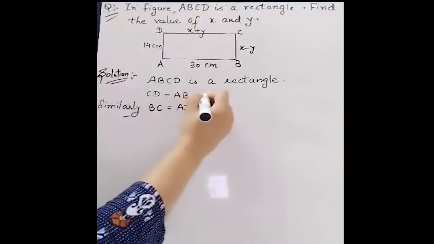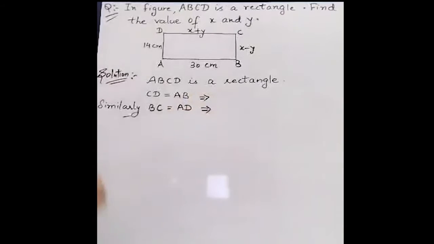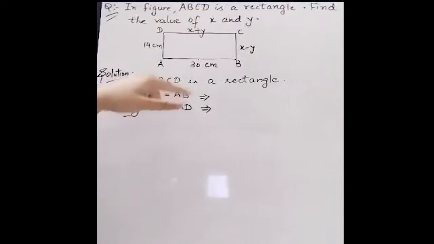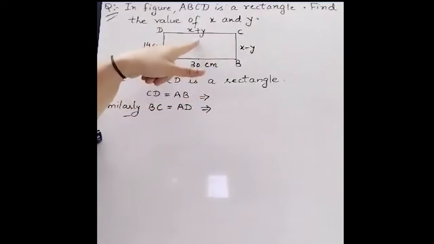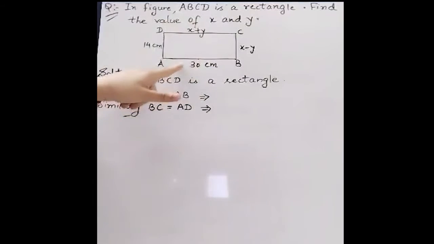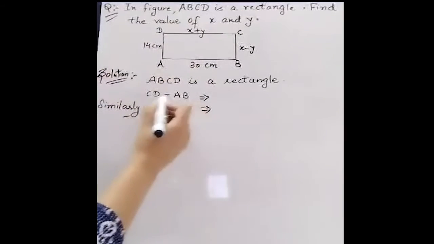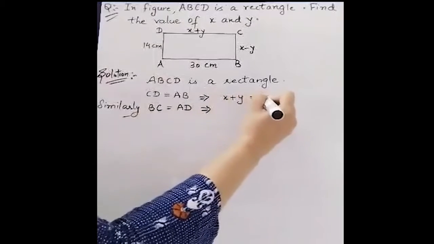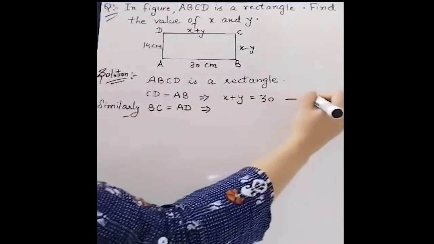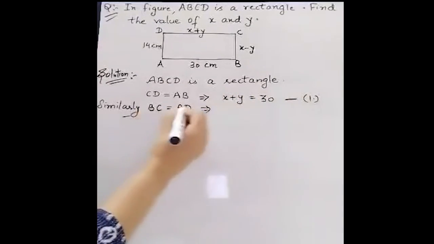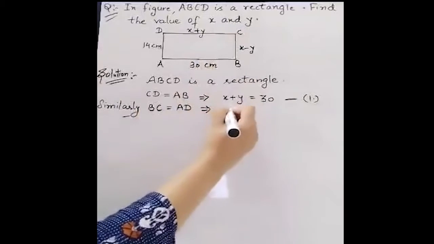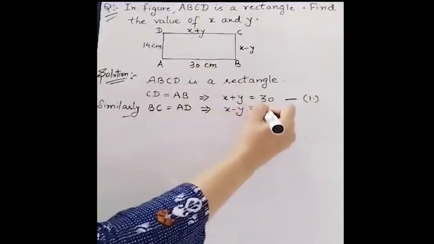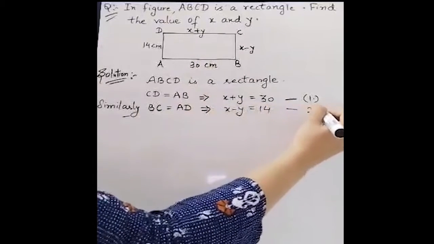Now we will put the values given to us in this rectangle, the value of CD and AB. The value of CD is X plus Y and the value of AB is 30. So if they are equal, the values should also be equal. X plus Y is equals to 30. This is equation number 1. And BC is equals to AD. That means X minus Y is equals to 14. This is equation number 2.